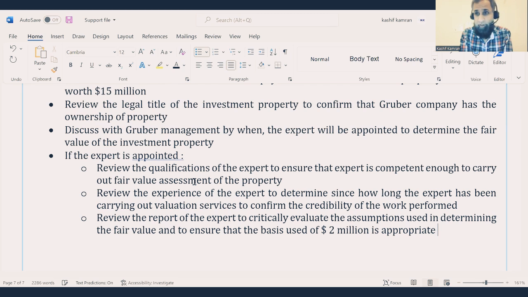See, we've done procedures on the expert. We looked at the report of an expert. We look at the experience, look at the qualification. These are procedures from ISA 620 using the work of an expert.